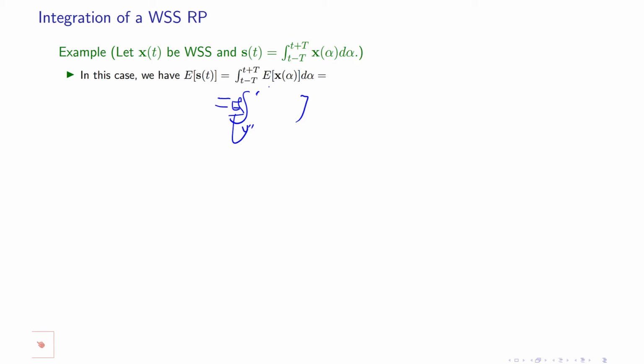Because x of t is wide sense stationary, this is constant, mu x, which is not a function of time, and then you integrate it from t minus cap T to t plus cap T over alpha. Now, the integral of a constant function is the upper value minus the lower value times mu x, which is 2T times mu x.